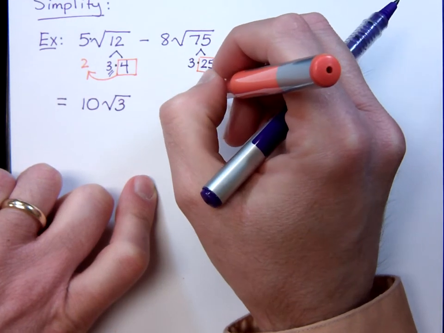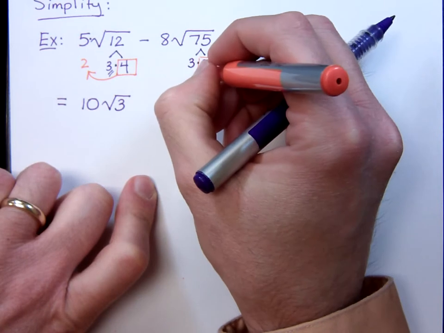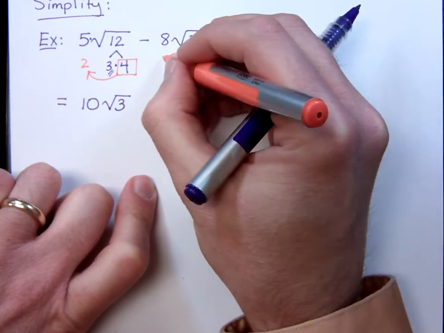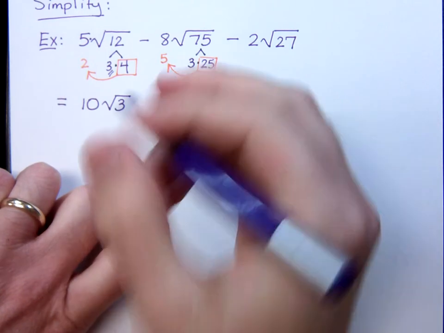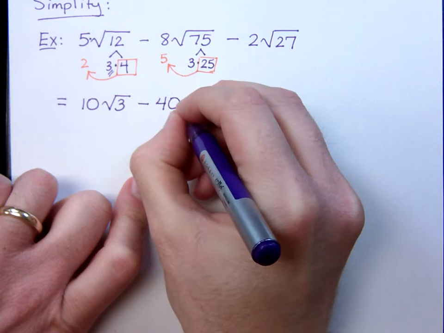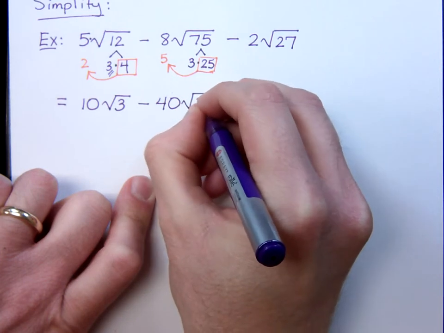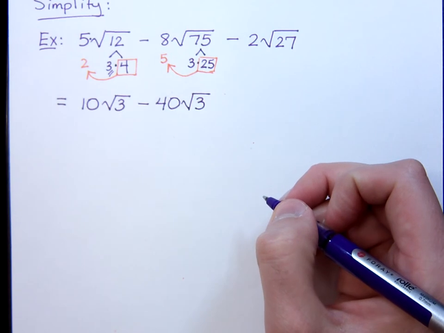Do I need to break that down and say that 25 is 5 times 5? No. I know that he's a perfect square, and he gives me what? He gives me a 5, so what does that middle term become now? Minus 40 square root of 3. Do you agree? Okay.